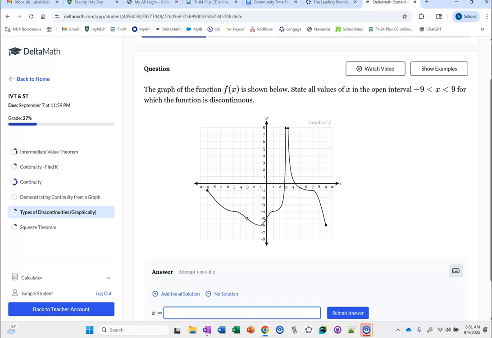Why don't you guys open up the Delta Math and do some practice on this? Whatever felt like this is the thing I want to work on right now, but that's the thing that's going to be hard for me. Try doing that. Yes, go ahead. What's up? Yeah, go ahead. I think she's going to do it. But go ahead.